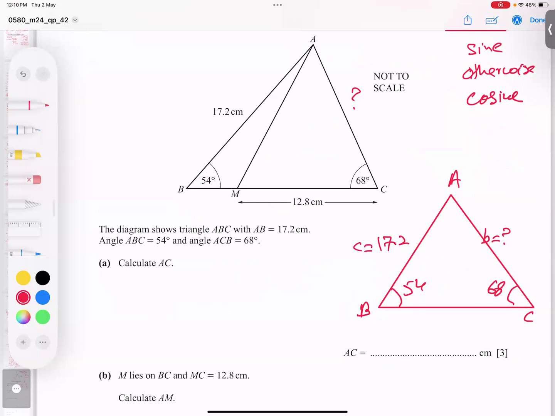If you don't make it, no problem. Let's start. So b over sine of 54 equals 17.2 over sine of 68. It will multiply there and turn into this form.